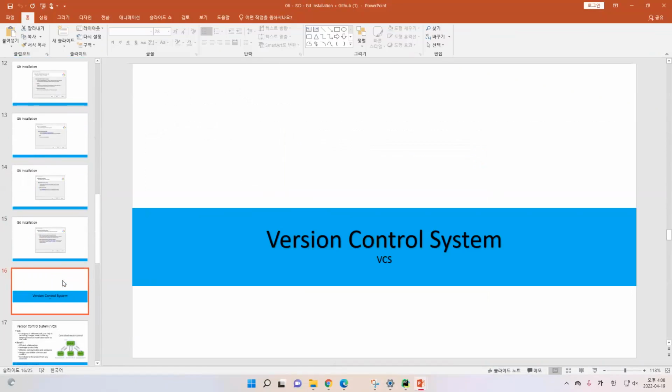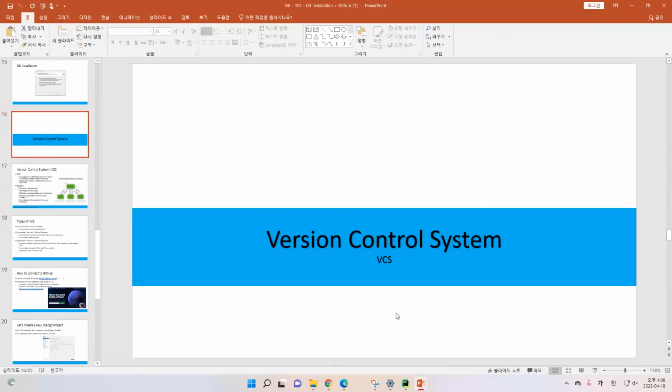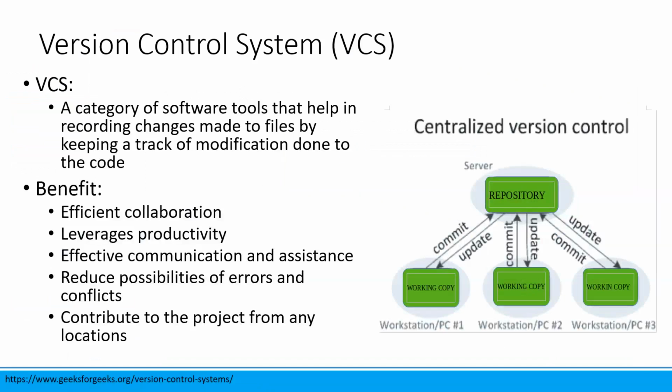So before I explain how we can deal with Git in PyCharm, let me explain a little bit about the VCS. VCS is the version control system. This VCS is good if you are doing a project with your friends or other people.